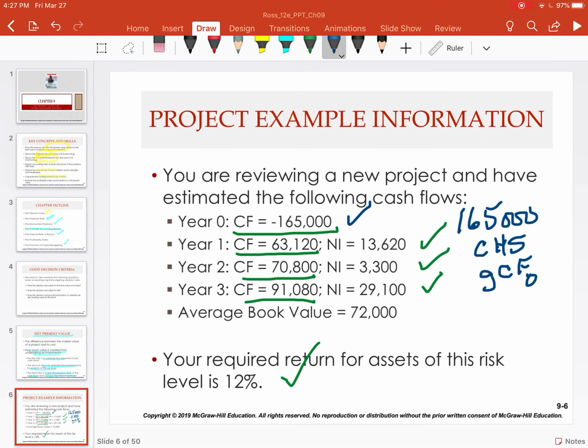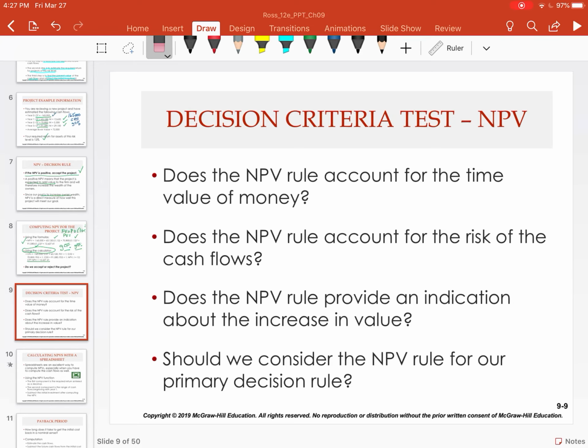If we continue on, we want to discuss net present value and understand what it does. Does net present value take into account the time value of money? Certainly we can say yes.